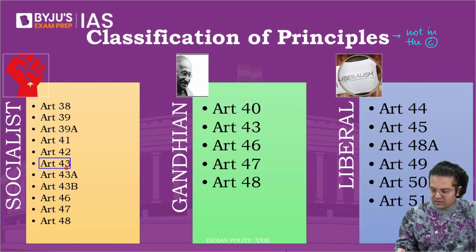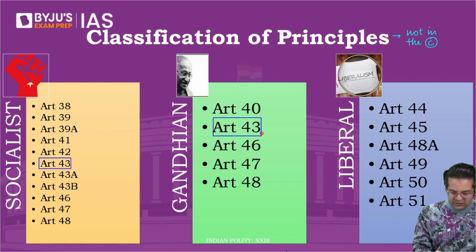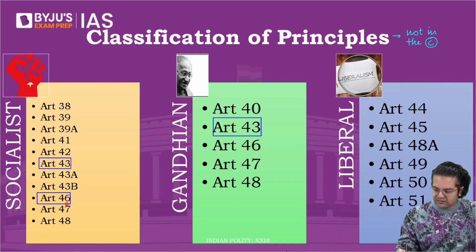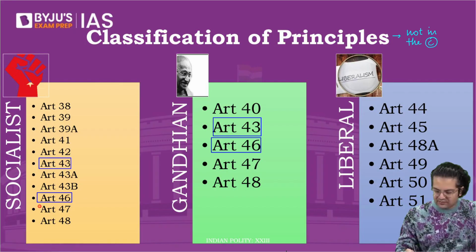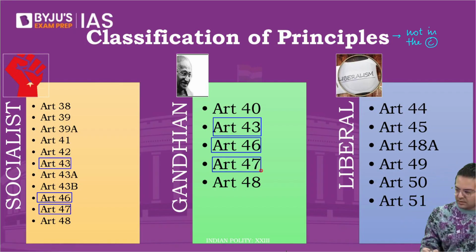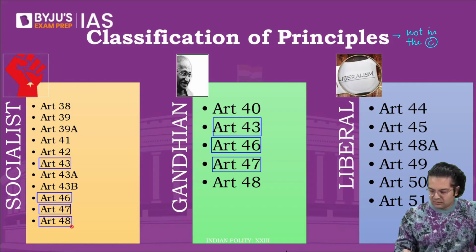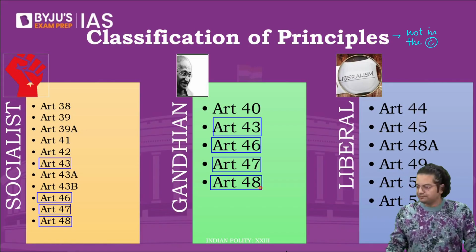What is this? Yes, there are some overlaps. 46, here also 46. 47, here also 47. Right? 48, here also 48. So there will be some overlap. I'll explain to you how things overlap. Okay.